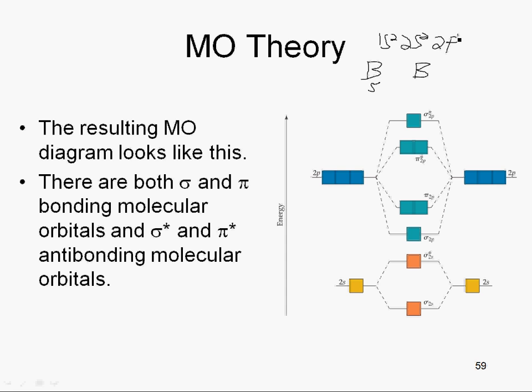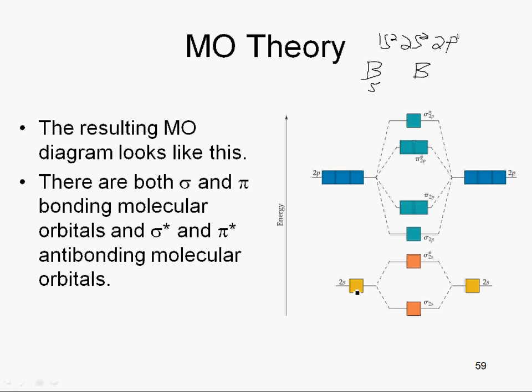So never mind the 1s's, because they're like helium-2, and they have a bond order of 0, and they neither contribute to or against bonding, so let's ignore them. It's the 2s and the 2p's that are important.